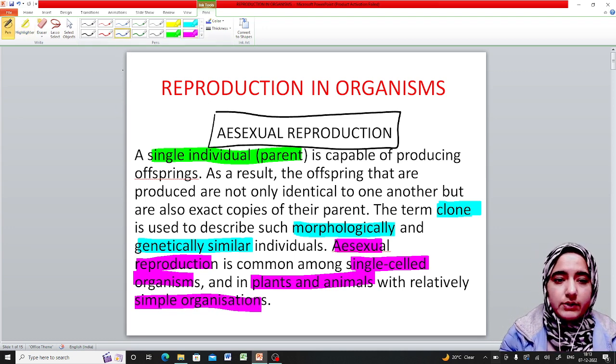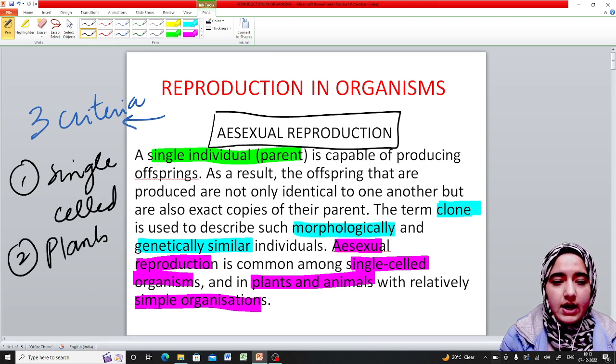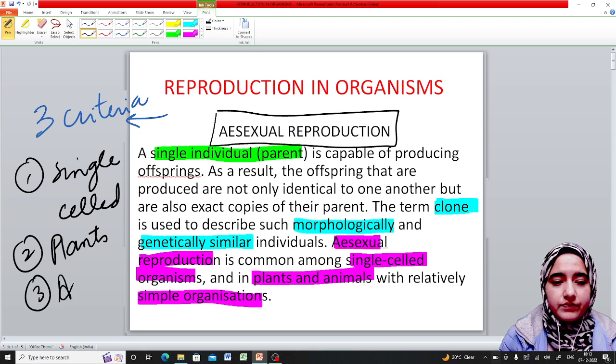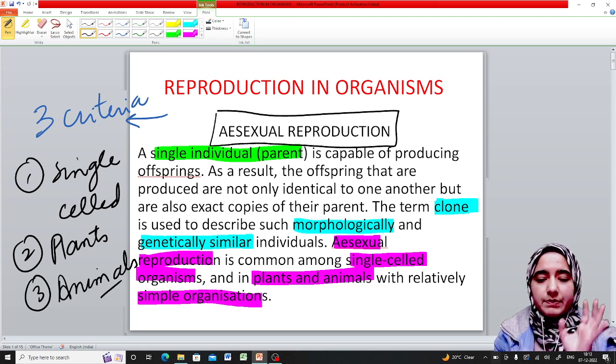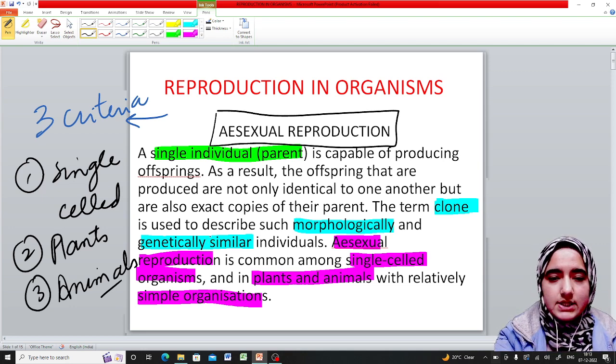For asexual reproduction, we have three criteria. First, the organism should be single-celled. Second, those plants and animals which have relatively simple organization. I hope this concept is clear.